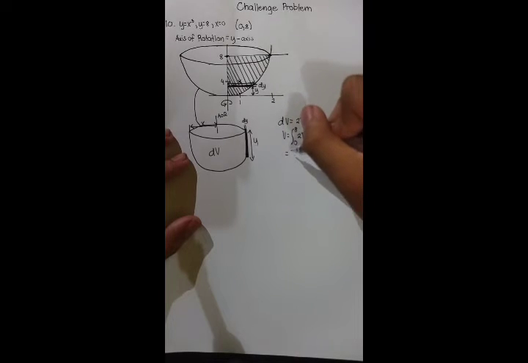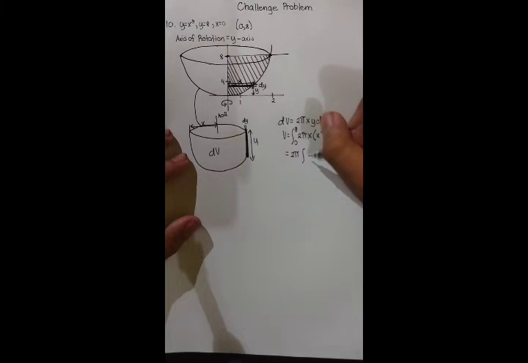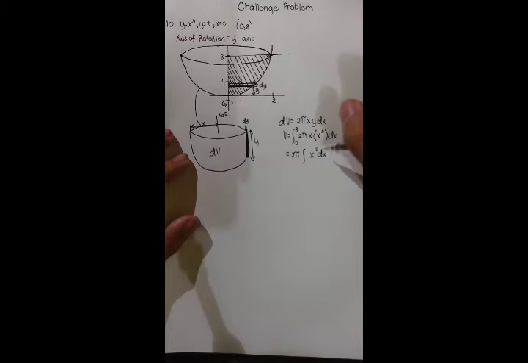Next, put out 2 pi, the integral of, combine x times x cubed, which is x to the fourth, dx, and the limits are from 0 to 8.